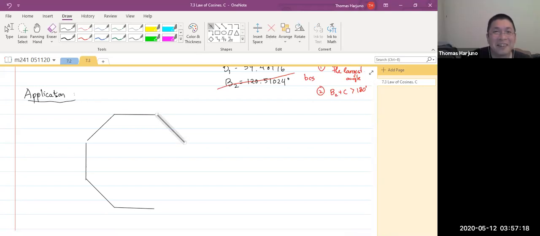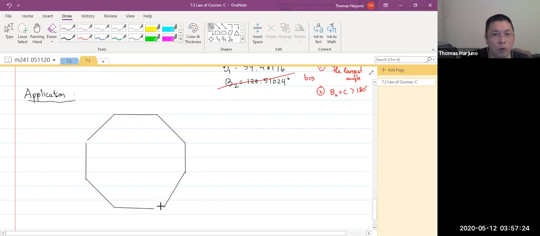So when we say regular, it means all sides are congruent, and the interior angles are all congruent, all the same. That's what we mean by regular. So for example, a square is regular because a square has congruent sides and congruent angles.